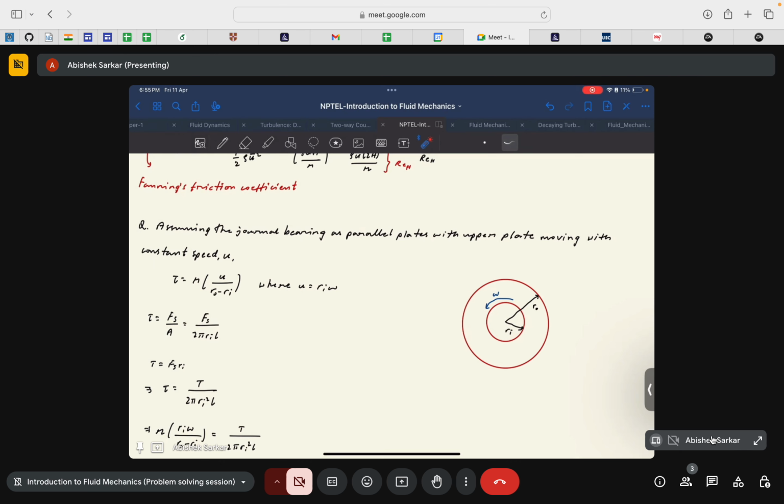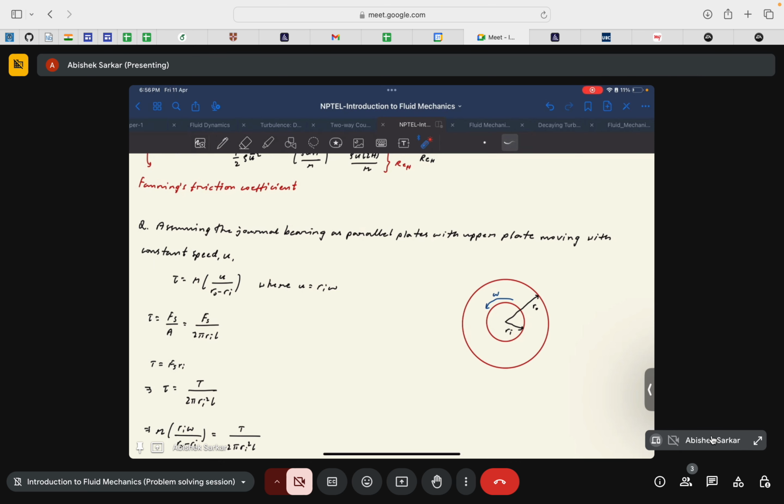As mentioned in the question, we are asked to model this kind of flow by taking a linear velocity profile. This can ideally be true if the viscosity is high and the gap between the shaft and the journal is very small. In the very thin gap limit, we can assume that the velocity profile is linear.